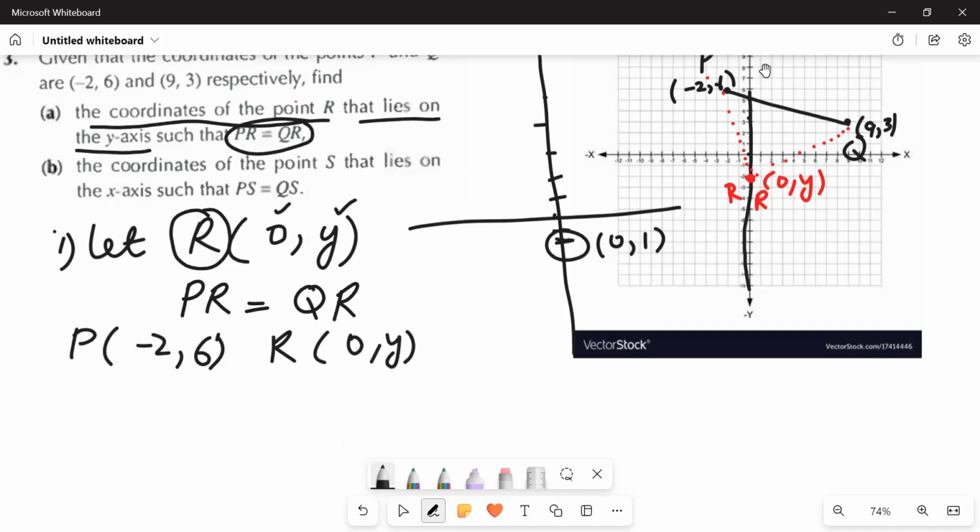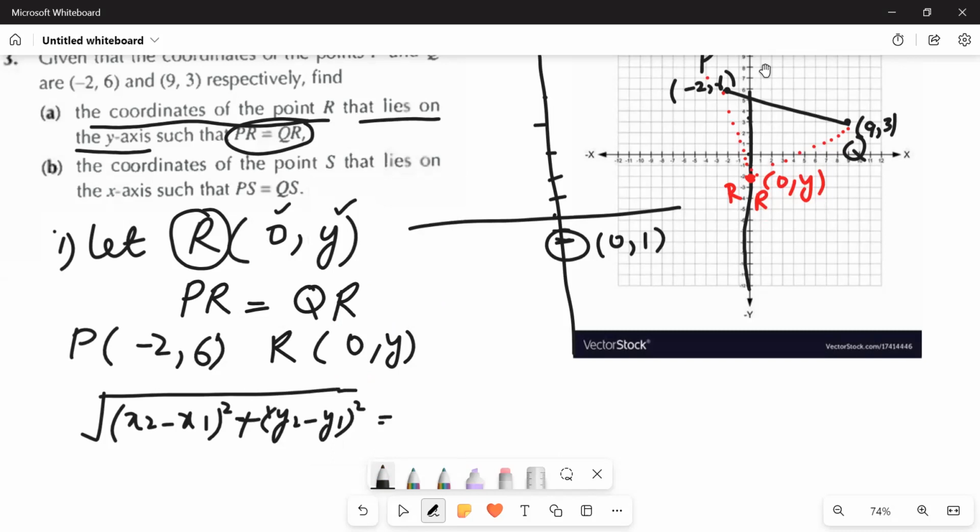Now I'm writing the left side. According to the formula, the square root of (x2 minus x1) squared plus (y2 minus y1) squared, right?